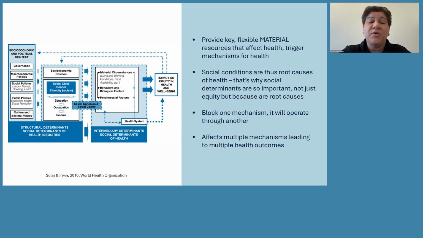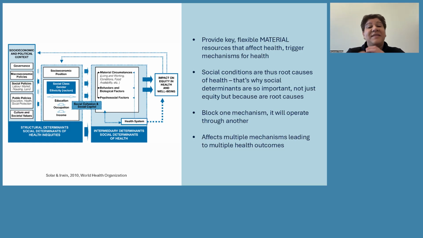So if you create a very effective behavioral intervention to improve diet and reduce type 2 diabetes, socioeconomic conditions will find other ways to affect type 2 diabetes and other health outcomes through stress, through epigenetic processes, and so forth.